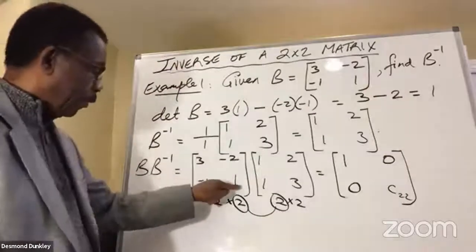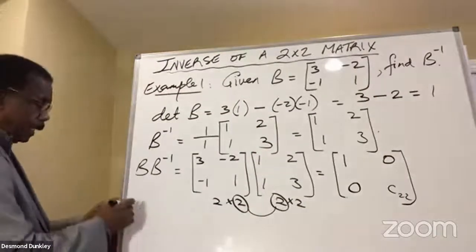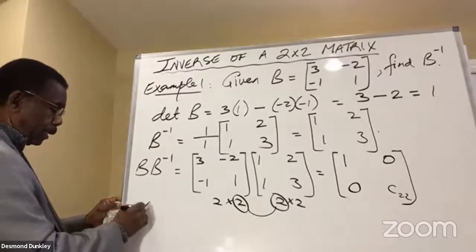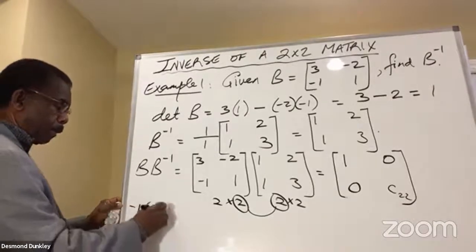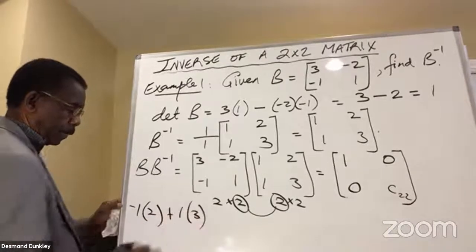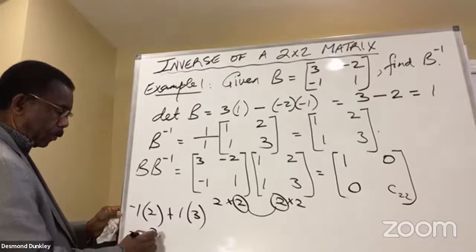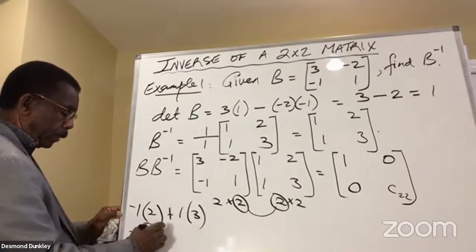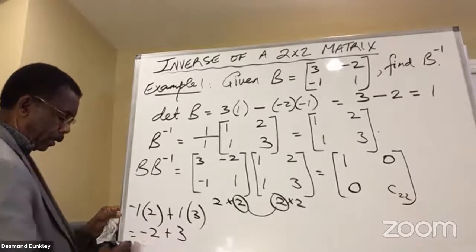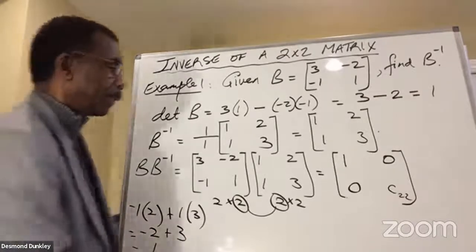So it's going to be the second row times the second column. So it's going to be -1 times 2 plus 1 times 3. -1 times 2, -2. 1 times 3 is 3. -2 plus 3 is 1.